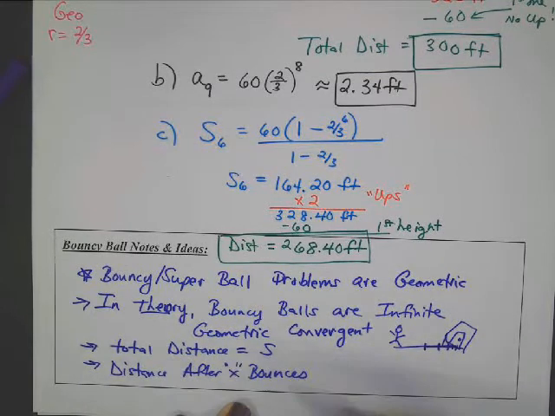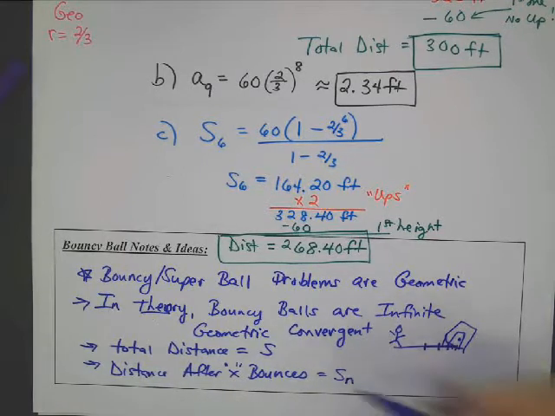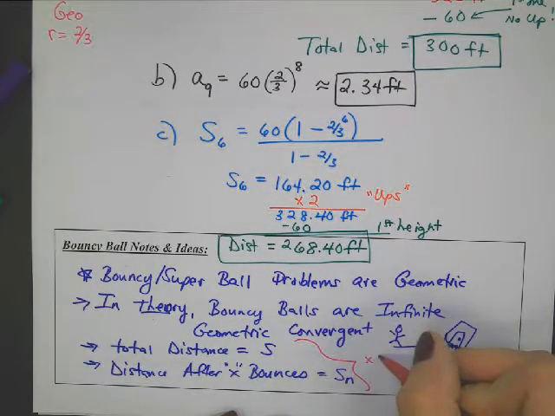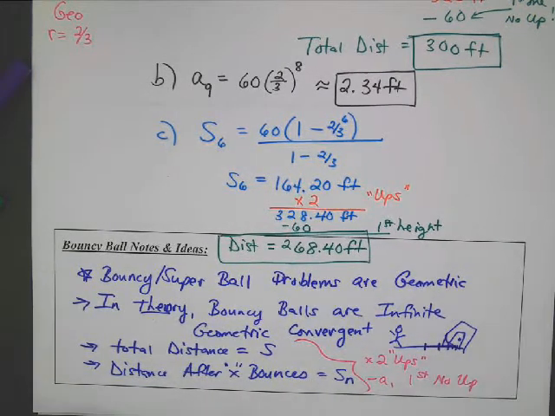After X bounces, then the idea is S sub n. Then it would be a finite one. And remember, for both of these, you times by 2 because of the ups, and then you always subtract off A1 because the first one has no up. So that's the idea with bouncy balls. There's some guidance for you.